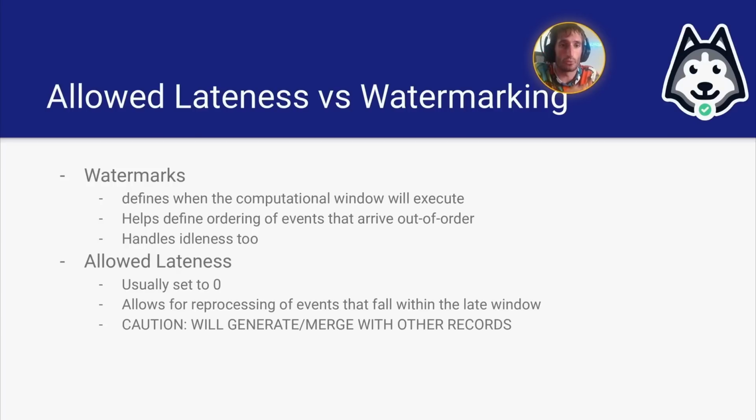So it might end up reading what was in the window that closed, bringing in this new event, and closing it again, and you might get a second record. Or you'll get an updated record. That's where this allowed lateness can be really funky. It usually does the merge, but sometimes it adds another record.